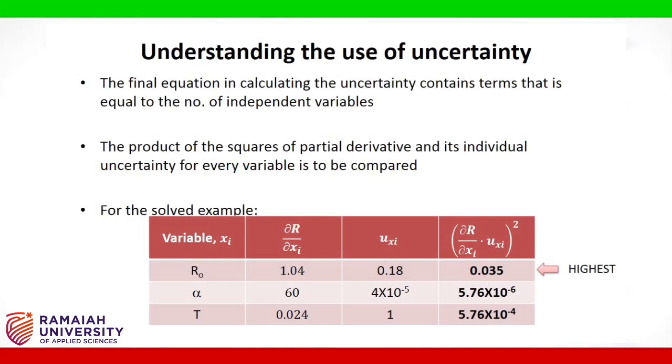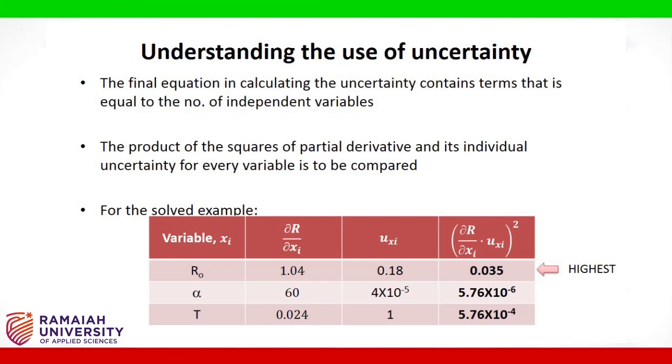The final equation in calculating the uncertainty contains terms equal to the number of independent variables. The square of the product of the partial derivative and its individual uncertainty for every variable is to be compared. The partial derivatives and the square of the product of uncertainties with the partial derivatives for the solved example are tabulated here.